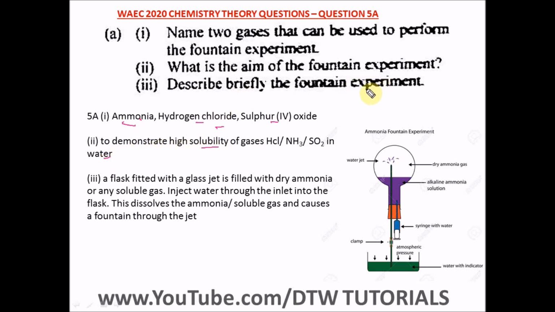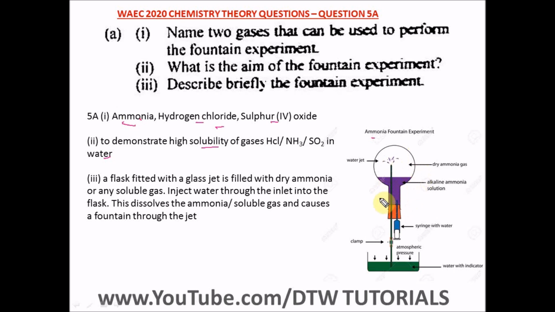Okay, so describe the fountain experiment. That's part III. So you see a picture here where we're using ammonia to show the fountain experiment. So we have a flask fitted with a glass jet. It's filled with dry ammonia, or any soluble gas, that's either hydrogen chloride or sulfur oxide. Then we inject water through the inlet into what?